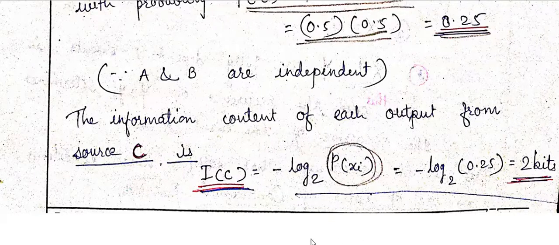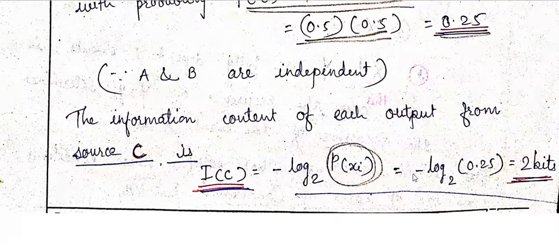Now the information content of each output from source C, once we have the probability, makes it easier to calculate the number of bits used to generate the output from the particular source. So I of C, the information conveyed by C, is minus log to the base 2 of P of Xi. P of Xi is 0.25, so log 0.25 to the base 2 gives 2 bits.